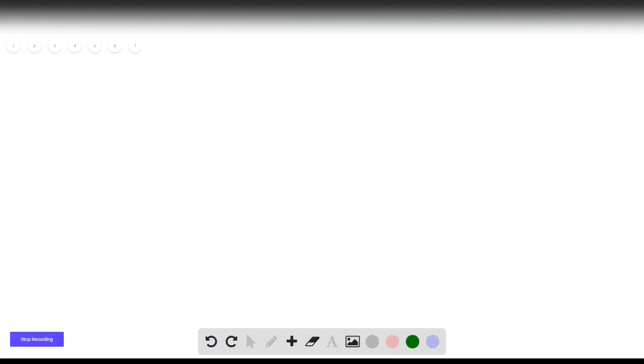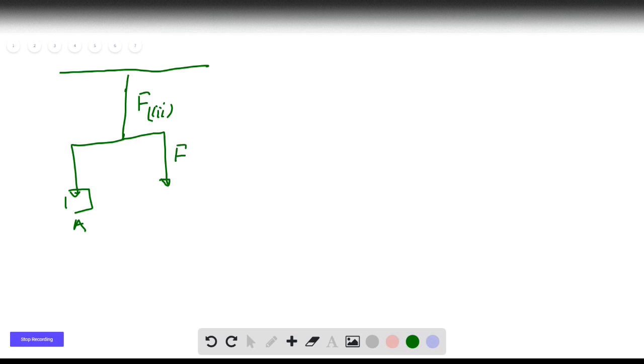This is F3, the topmost bar, and it's supporting A, and then it's also supporting F2. Remember, this is B, and this is F1, and F1 is supporting D, and F1 is also supporting C. So that's the way we have it.